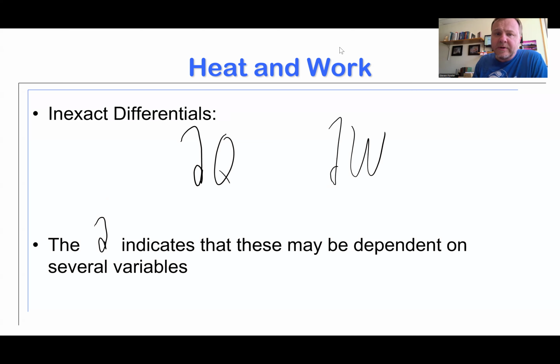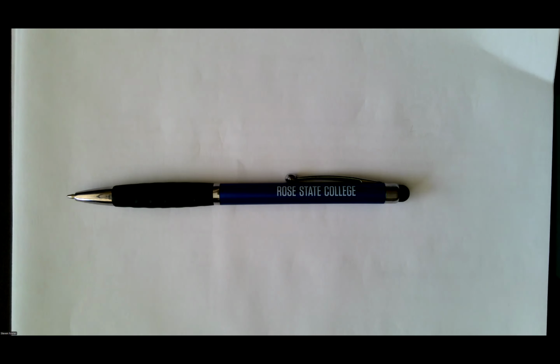Let me change cameras here. Let me define these for you a little bit, because like I said, I know they talk about this in the textbook. This will be lecture 4, page 1. Just a real quick crash course.